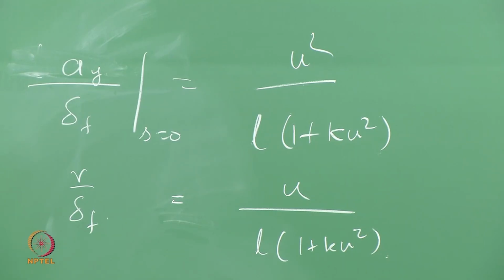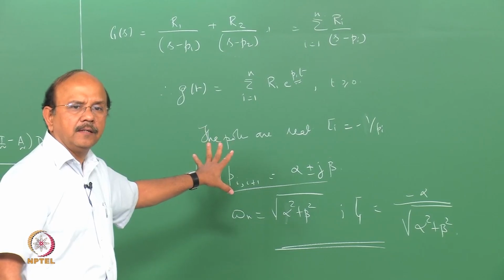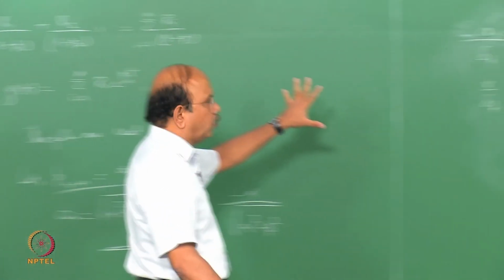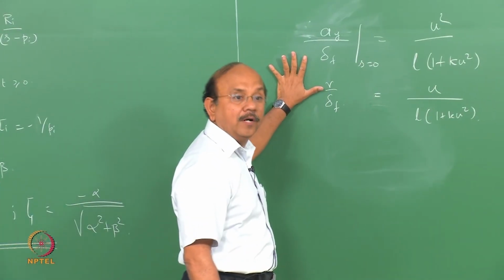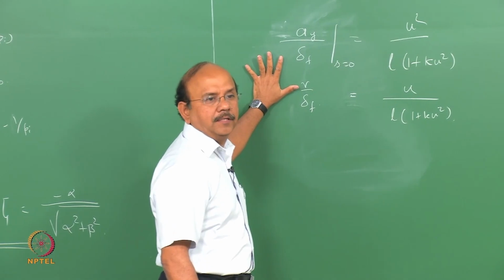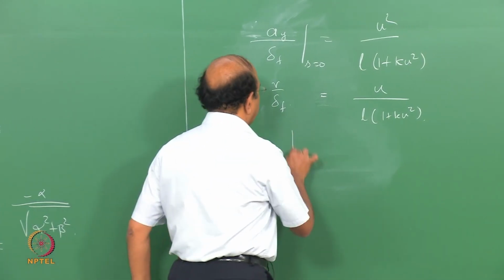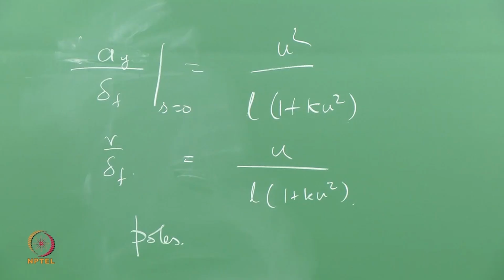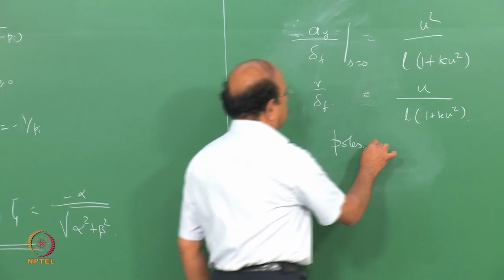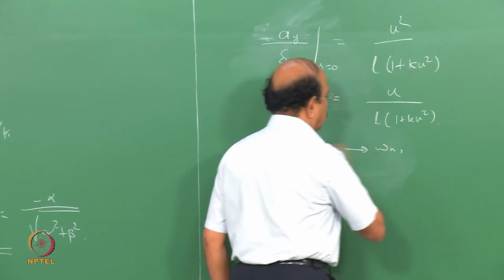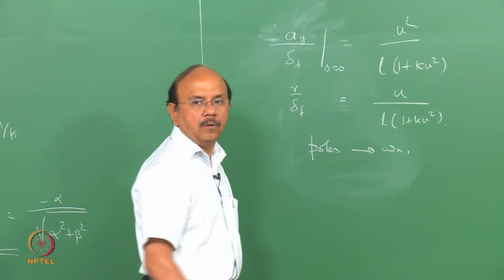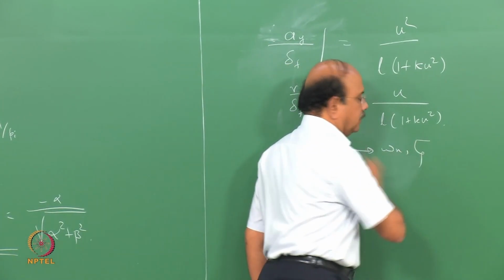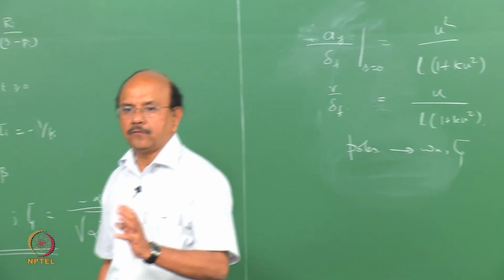Now what I'm going to do is to apply whatever we have done so far. In other words, I am interested in finding the poles of the system and then determining the omega n and the damping characteristics of the system.